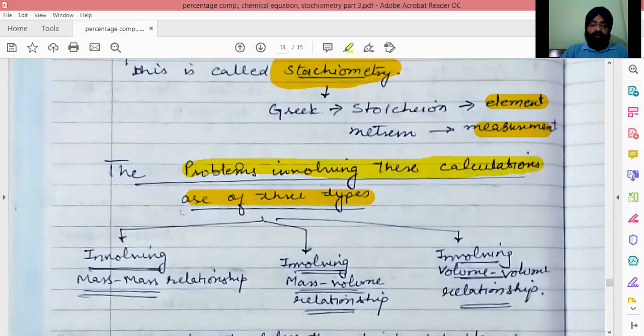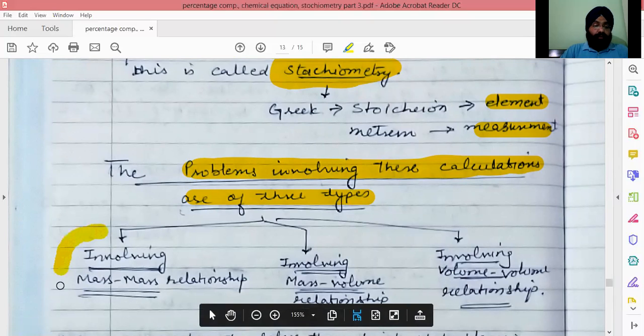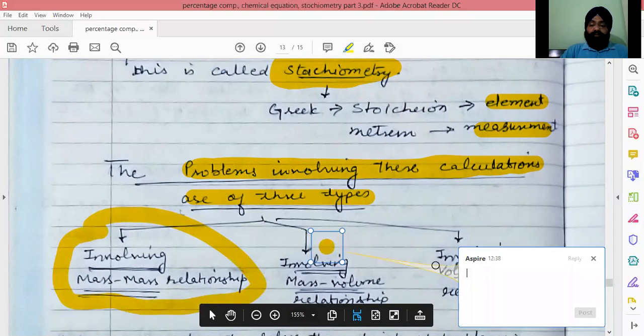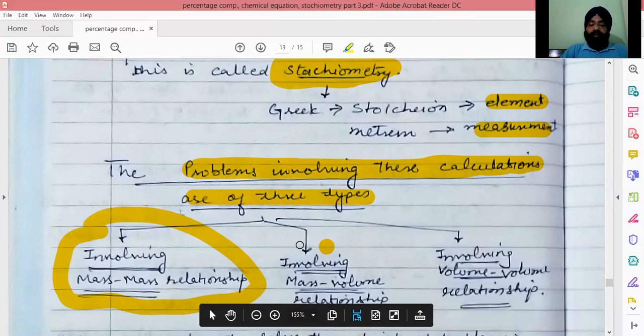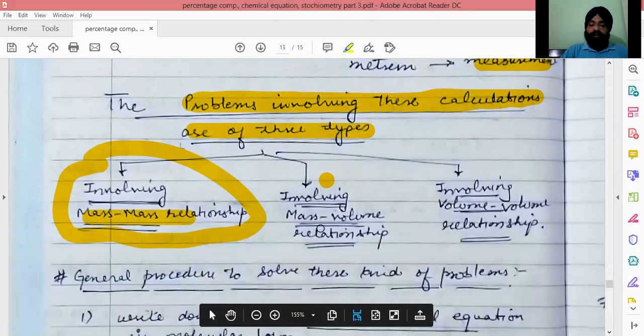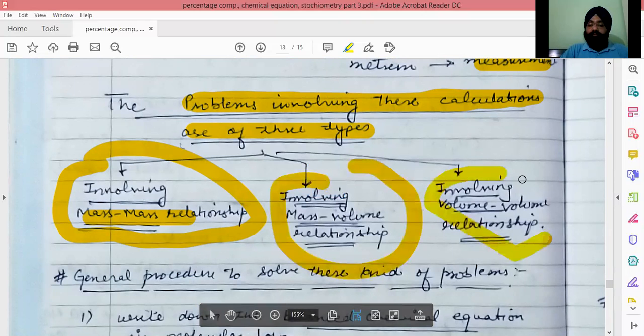Whatever the problems in your numericals, they can be categorized under three different types. The first type can be mass relationship. The second is mass volume relationship, and the third one is volume relationship.